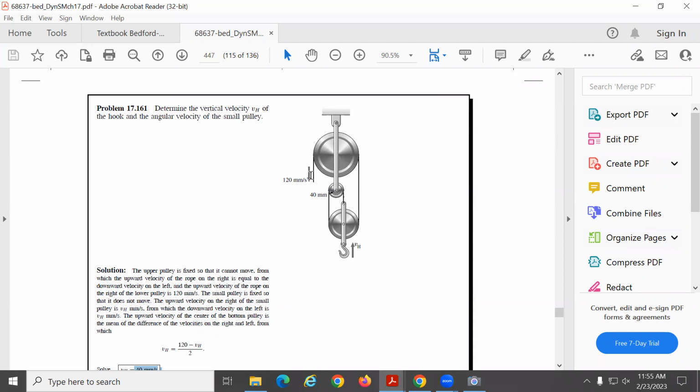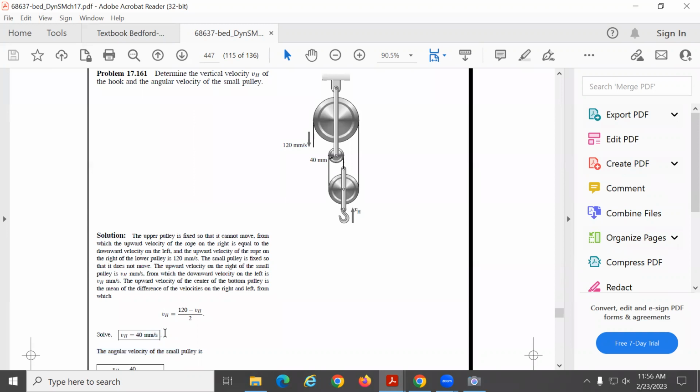The only thing this pulley is doing is changing the direction. So if the velocity here is 120, the velocity of this one would be 120, no? And now we have 120 how many times? 1, 2, 3. So then we have this one's velocity divided by 3, which should be the 40.